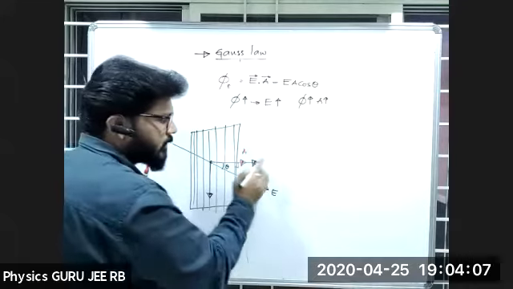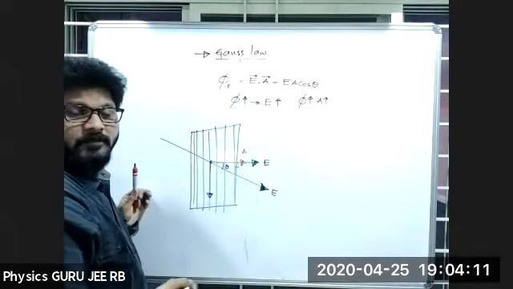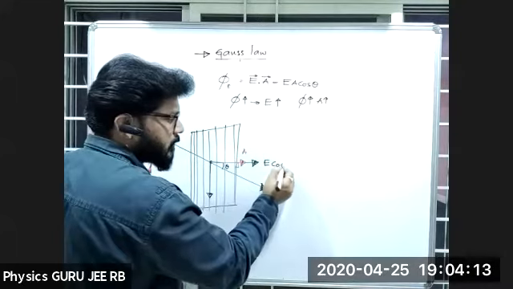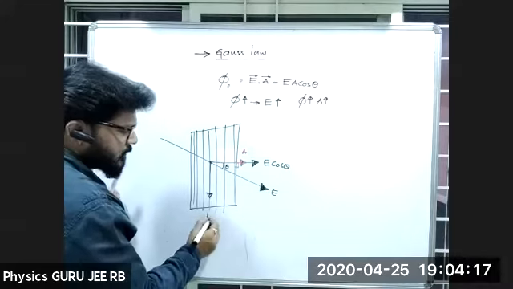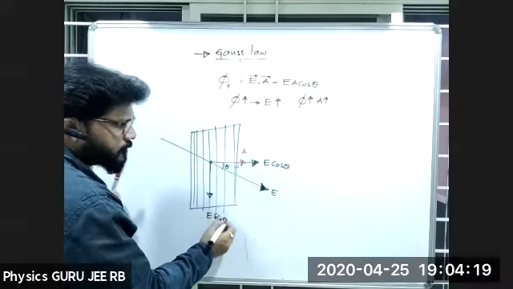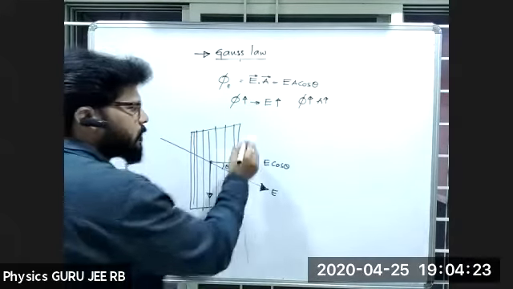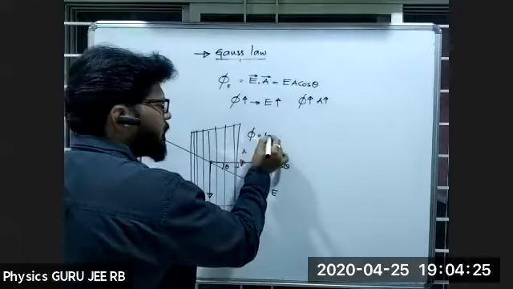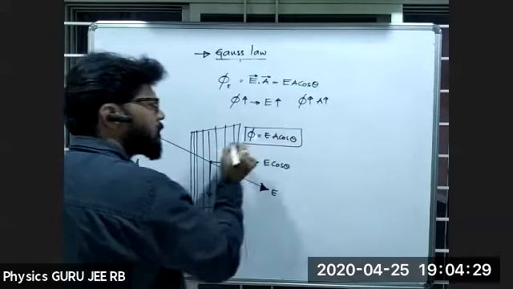E can be resolved into E cos theta, and E sin theta is not required for us. So if I want the flux, directly we write flux phi is equal to EA cos theta. That's all. Flux is EA cos theta.